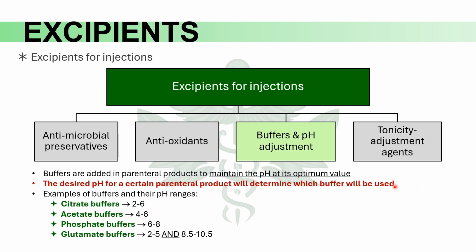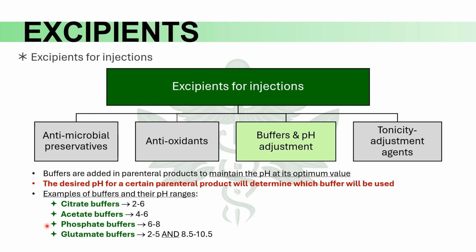The choice for which buffer is most suitable to use for each parenteral product depends on the optimum and desired pH of the product itself. If we want the pH to be more on the acidic side, then we can use citrate and acetate buffers. Citrate buffers working best at the pH range 2 to 6, and acetate buffers between 4 and 6.